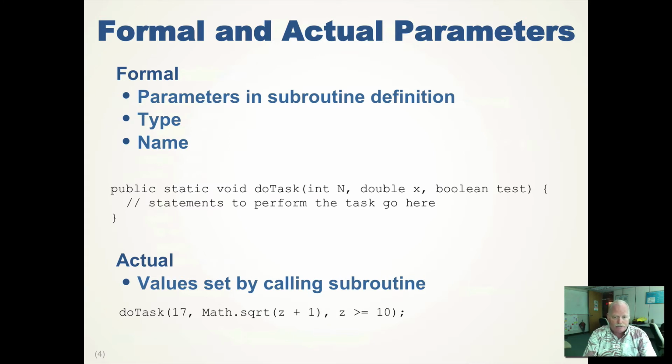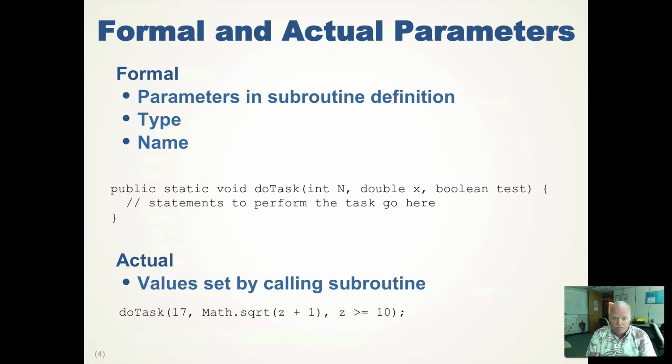So in this case, the actual value of n when we run doTask this time is 17. The double x will be assigned the square root of z plus 1. And the boolean test will be assigned the evaluation of z greater than or equal to 10. So those are the actual parameters that are passed in when doTask is called with this particular sequence.